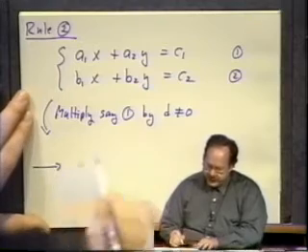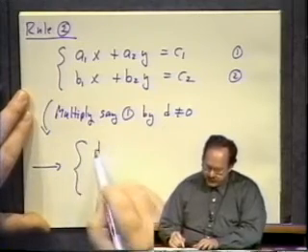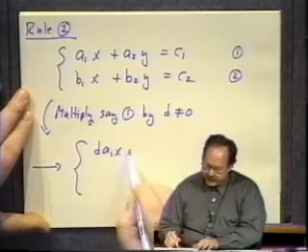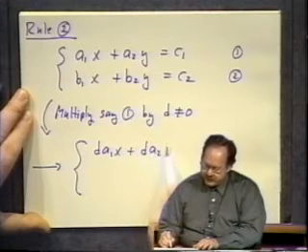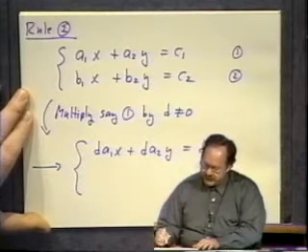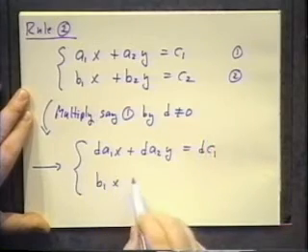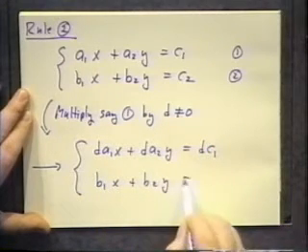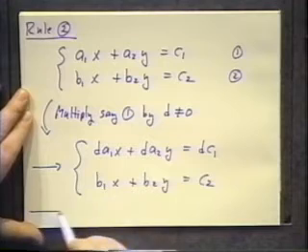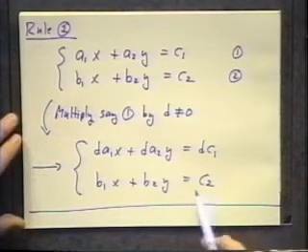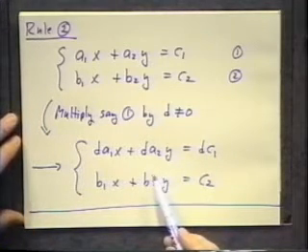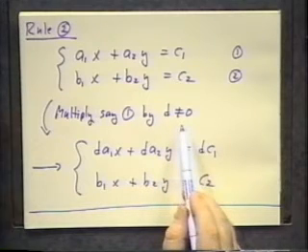And I will then get a new system where the first one is now d times a1x plus d times a2y equals dc1. And the second one has not changed. Second equation is identically the same. So rule 2 says you can go through your equations and multiply any one of them by a non-zero constant.